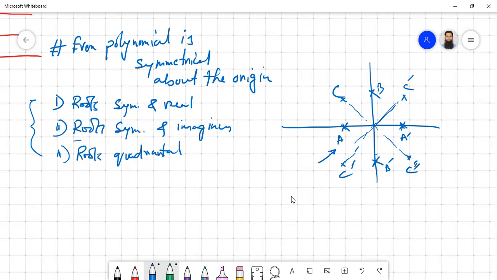And because of this, the system will be unstable. So if you have condition A, there should be at least one sign change. And in C, 2 of the poles are in the right half plane. If that were happening, there should be 2 sign changes in the even polynomial.